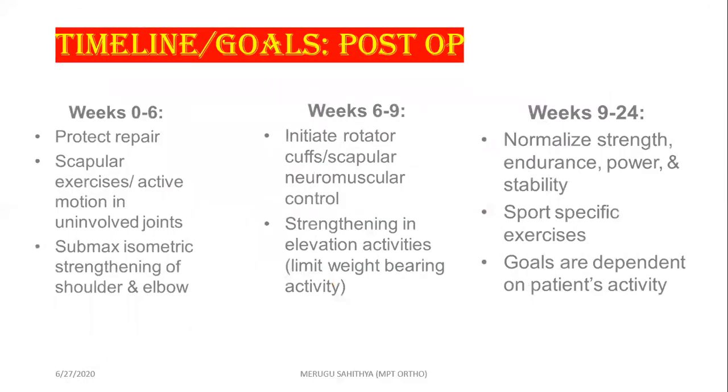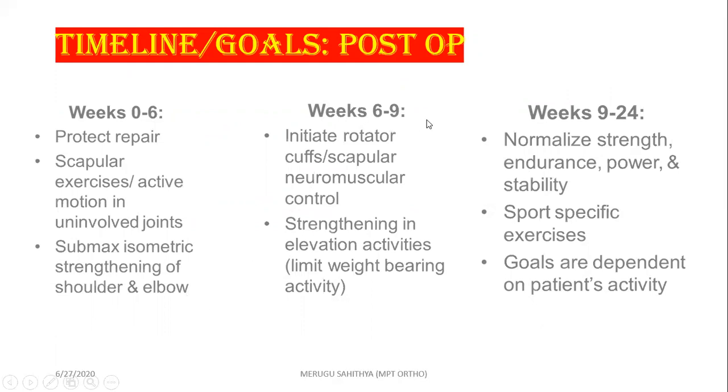So for the timeline or goals of PT postoperatively, for weeks 0 to 6, the repair should be protected. Scapular exercises or active motion in uninvolved joints, and submaximal isometric strengthening of shoulder and elbow should be given.